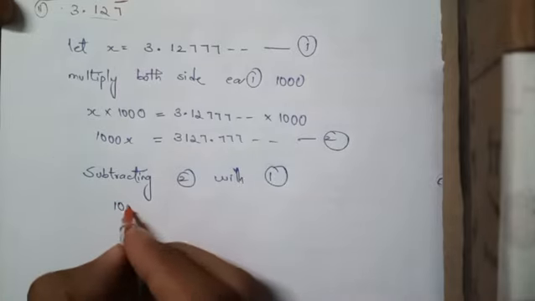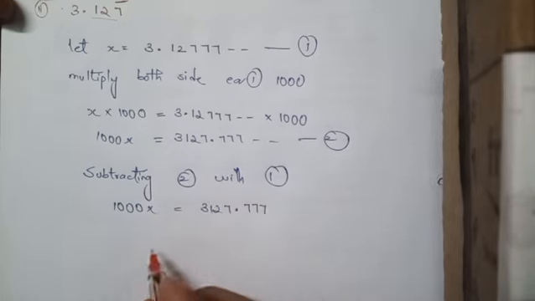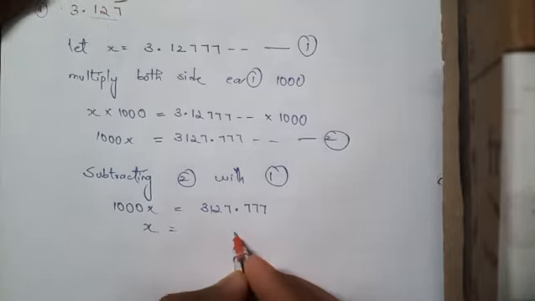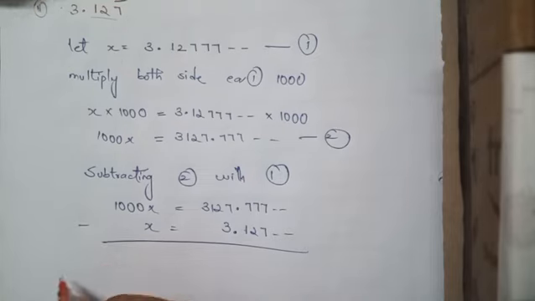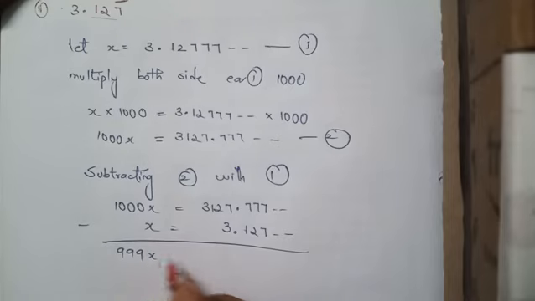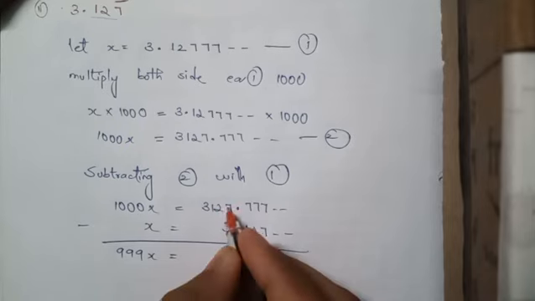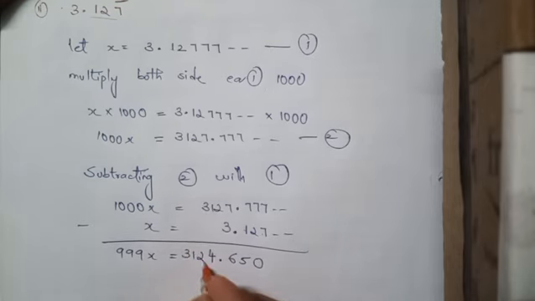Let's write equation 2: 1000x is equal to 1127.777. And equation 1: x is equal to 1.127 and so on, with the point below the point. Subtracting, 1000x minus x is 999x. Then 7 minus 7 is 0, 7 minus 2 is 5, 7 minus 1 is 6, the point stays as it is, and 7 minus 3 is 4, and so on.